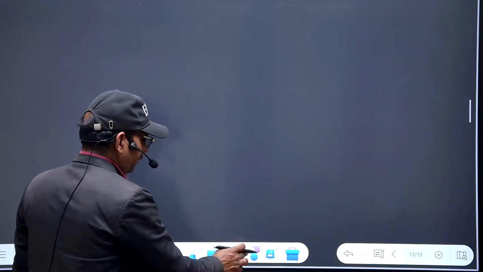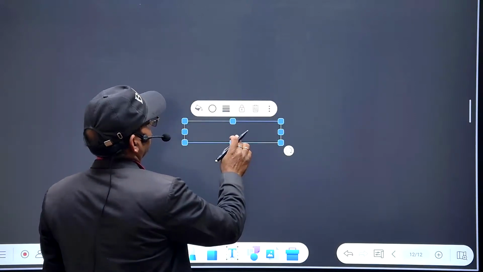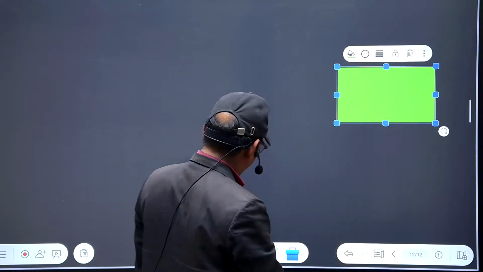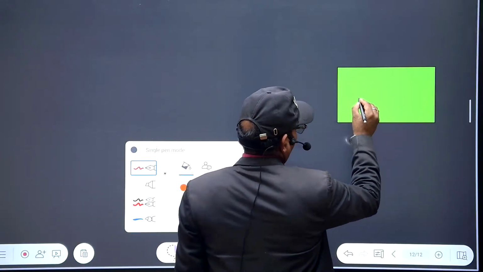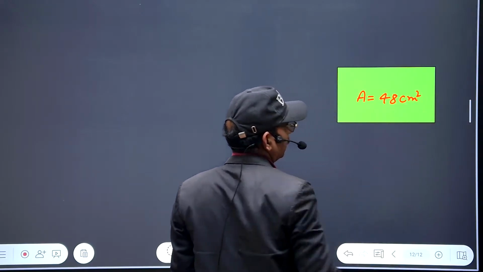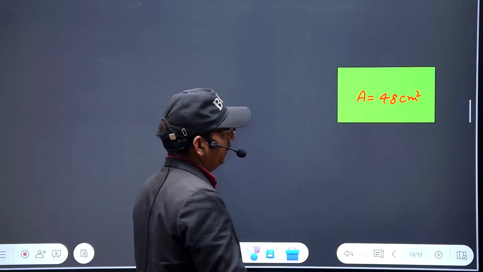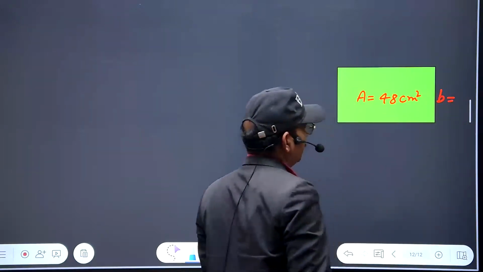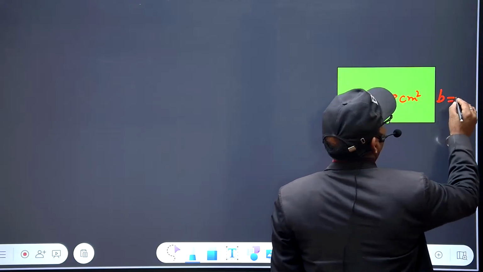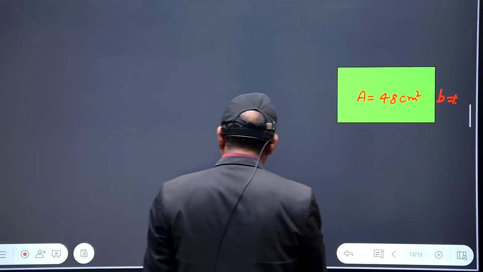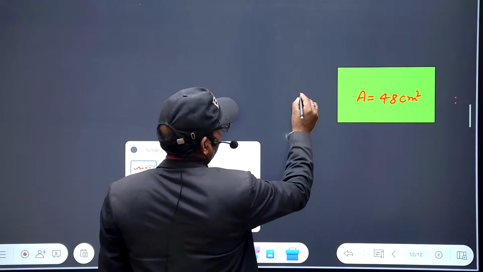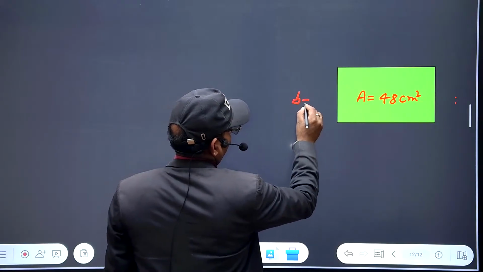Next. This is the rectangle. Now area is given 48 centimeter square and breadth is given 4 centimeter.